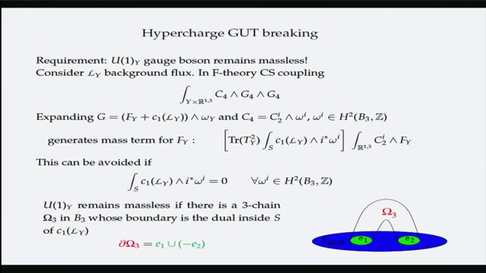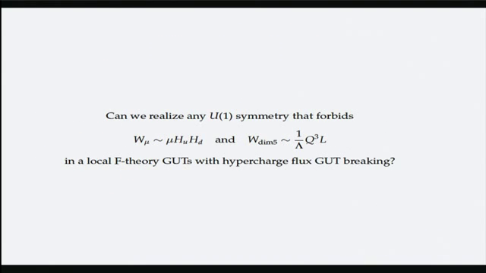Okay, so now you can ask a pretty clear question. If I have U1 symmetries that forbid both the mu term and thereby also the dimension 5 proton decay operator in a local F-theory GUT model with hypercharge GUT flux breaking, most people would say, sure, why not?